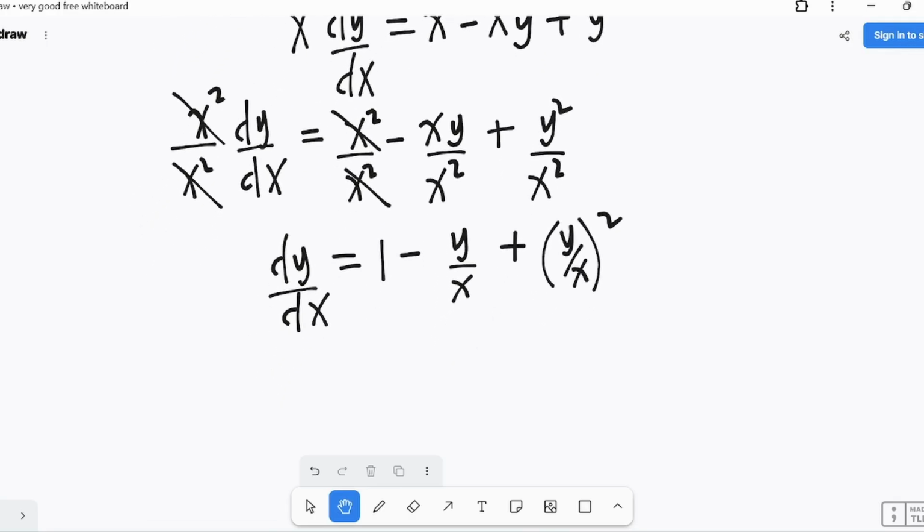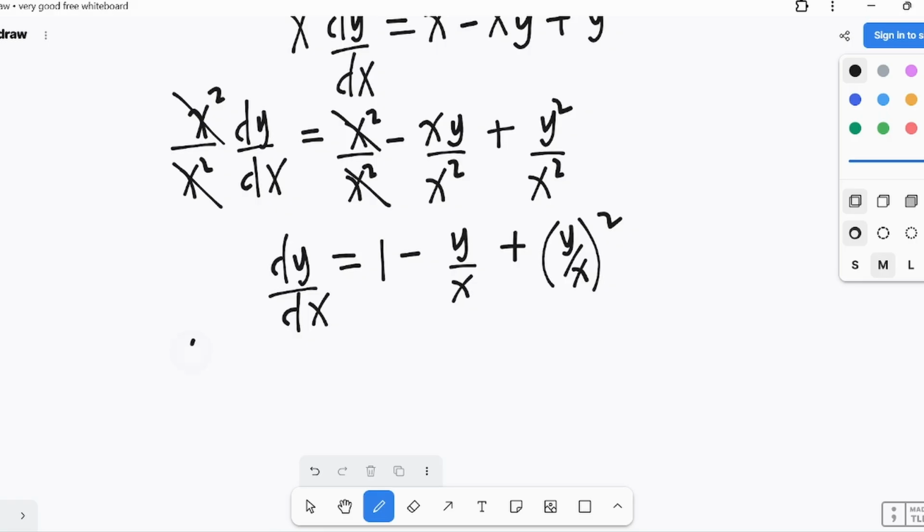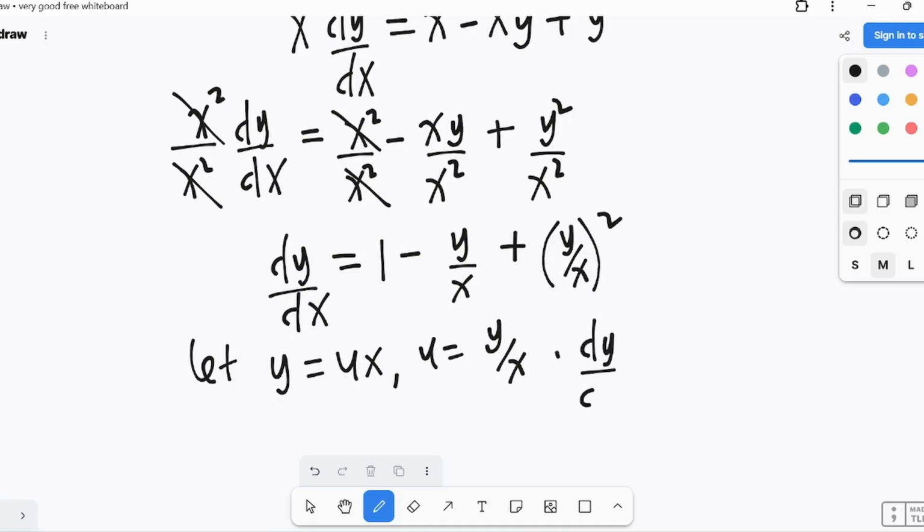But for a homogeneous differential equation, we always let y equal to ux. So therefore our u is the same as y out of x. We also go ahead to differentiate y. So we shall have dy by dx is equal to u into 1 plus x du dx.